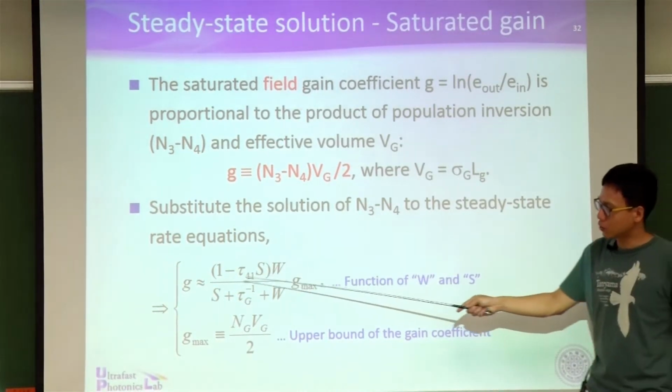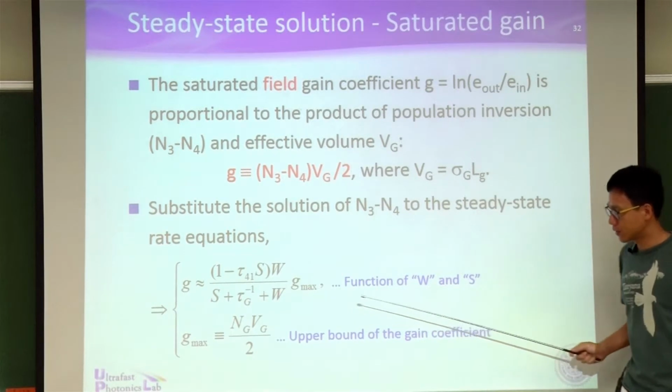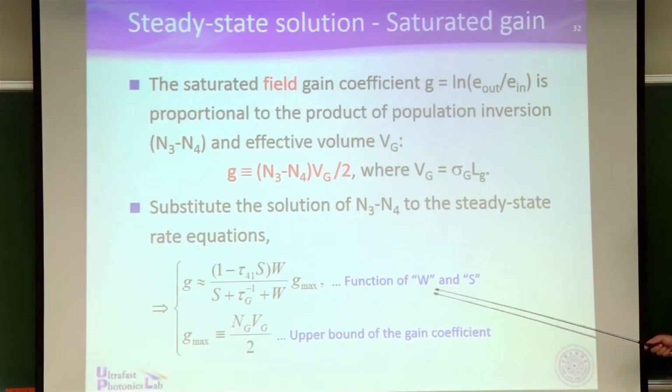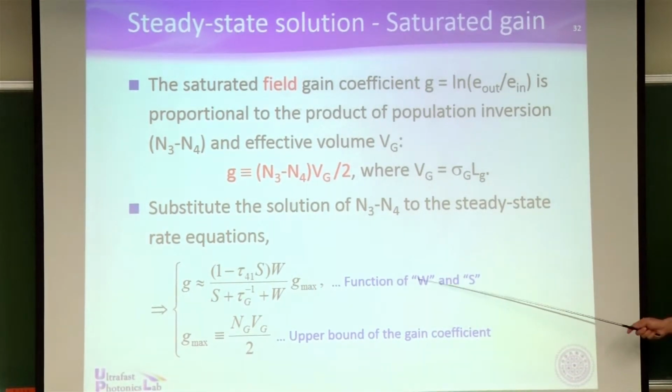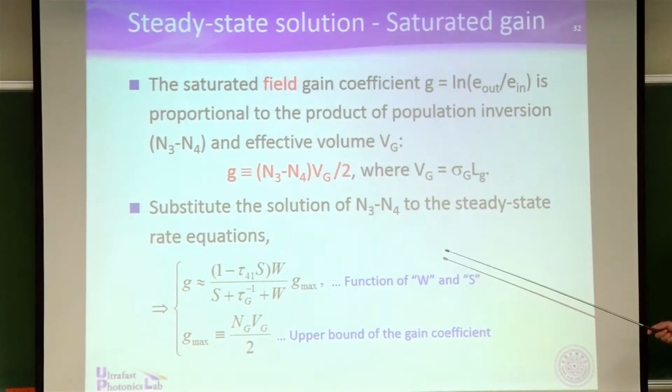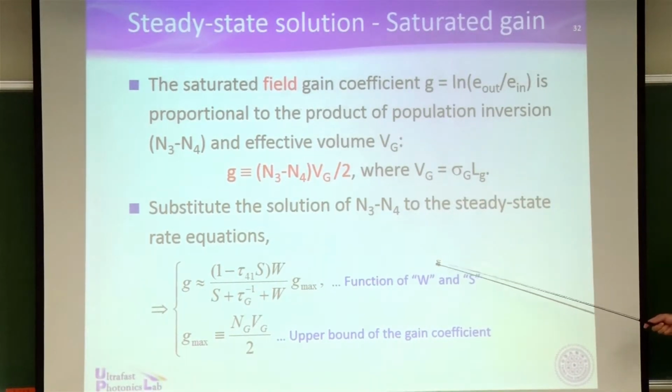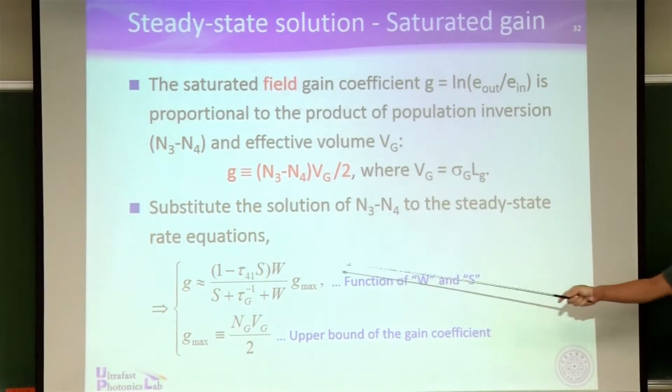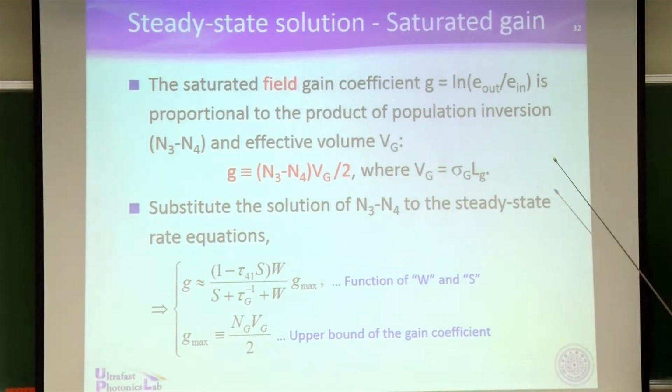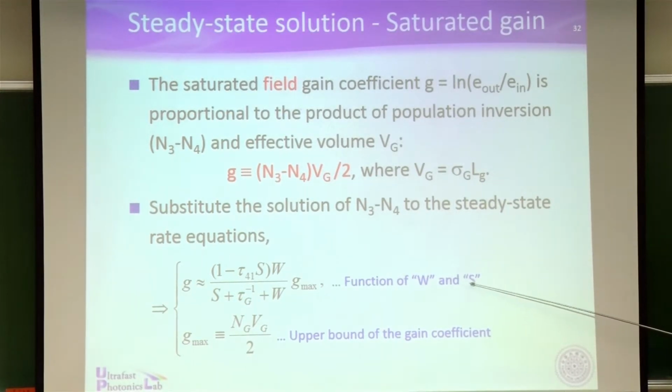So your saturated gain is dependent on two things. One is how strong the pump is. Of course, the stronger the pump, the larger the gain, intuitively. Also depends on the emitted light intensity.